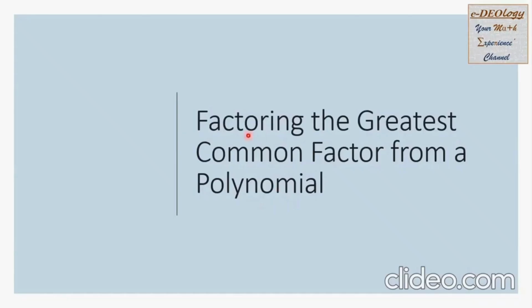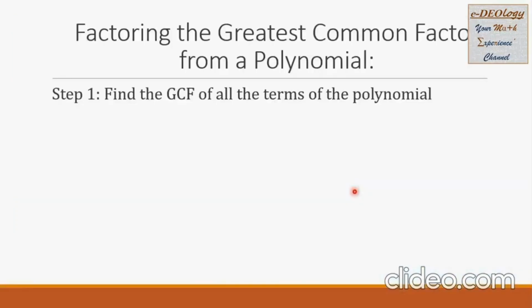Let us discuss now factoring the greatest common factor from a polynomial. We're going to follow some steps. Step 1 says, find the GCF, or the greatest common factor, of all the terms of the polynomial.